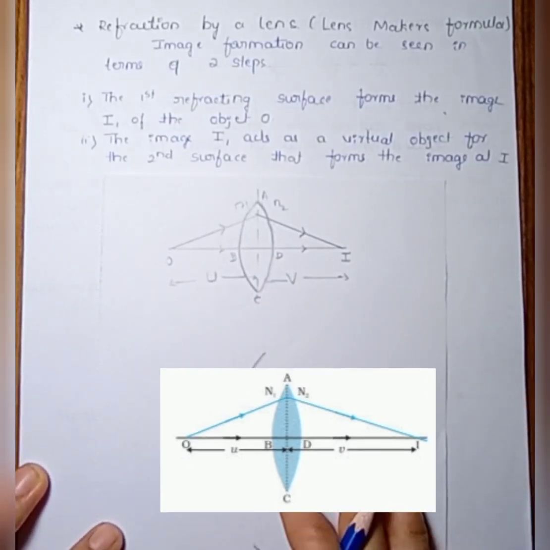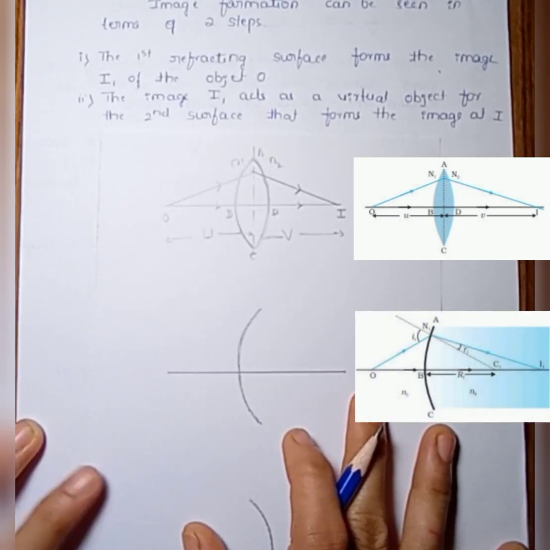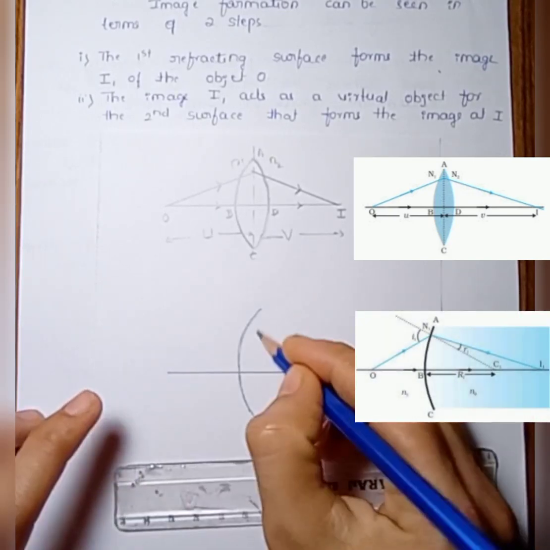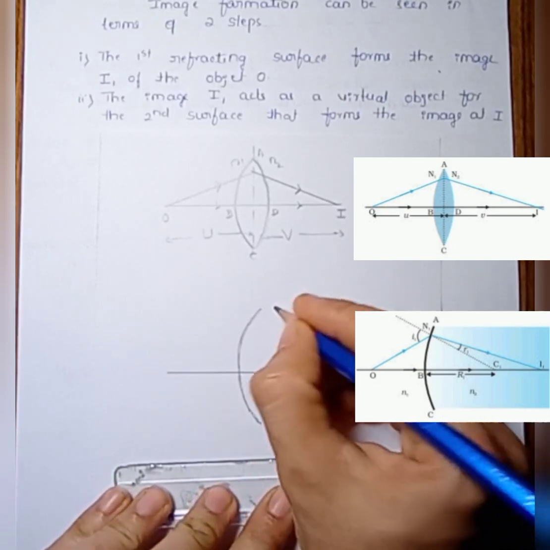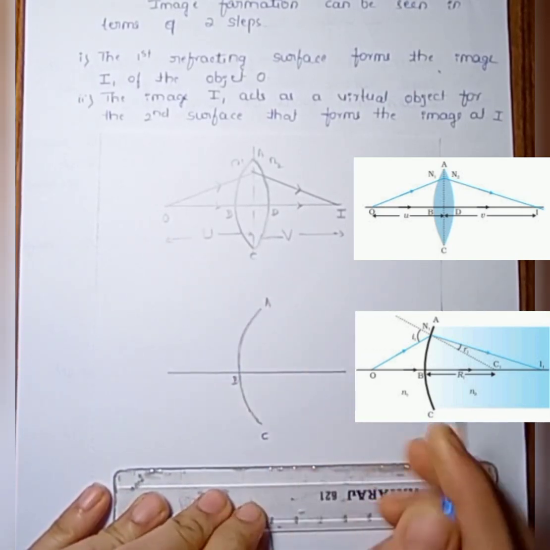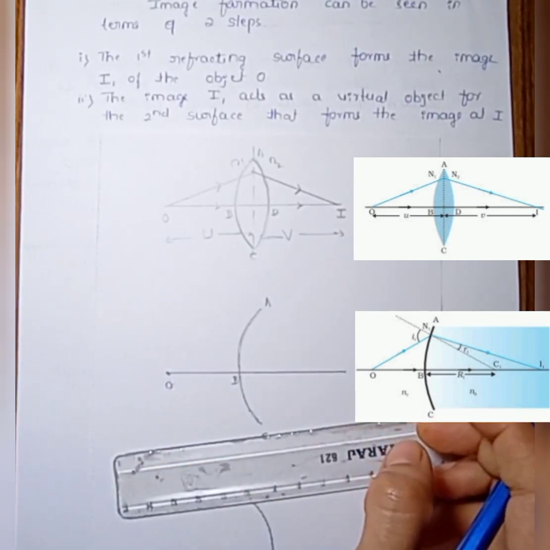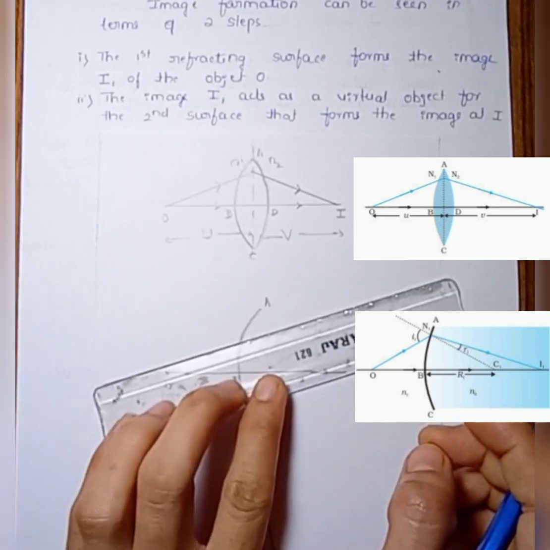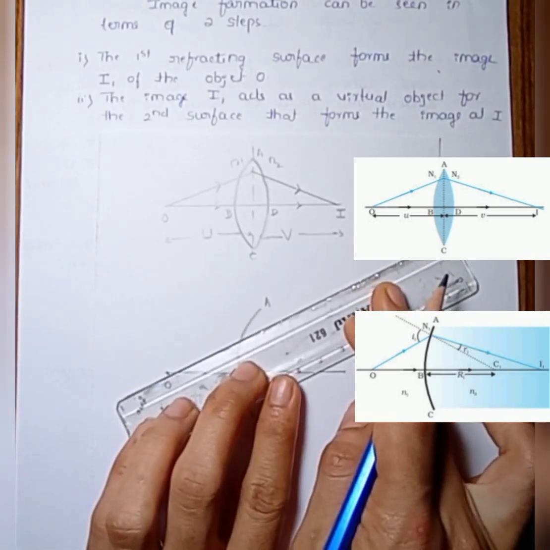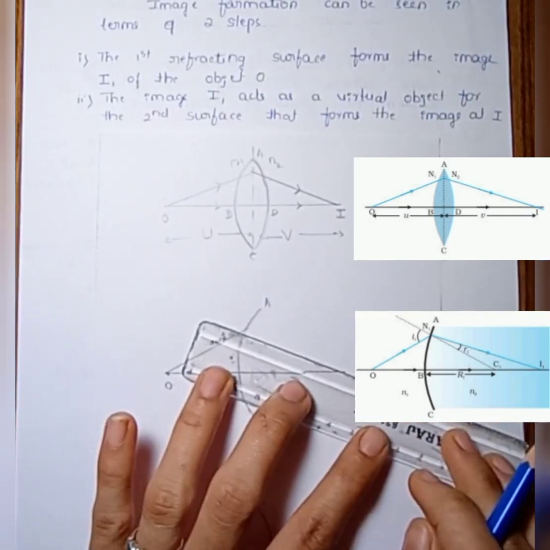At the first step, the first refracting surface forms the image I1 of the object O. This one is the first refracting surface, A, B, C. Here, O is the object, which forms the image at I1.